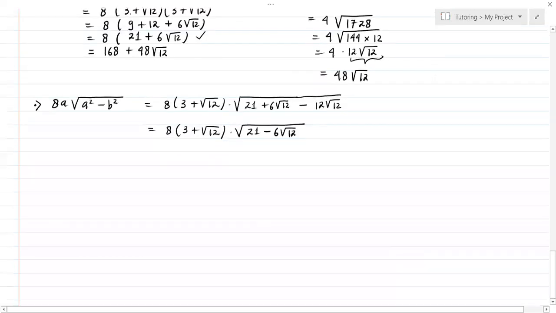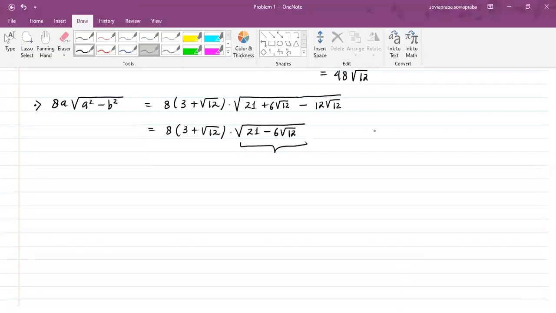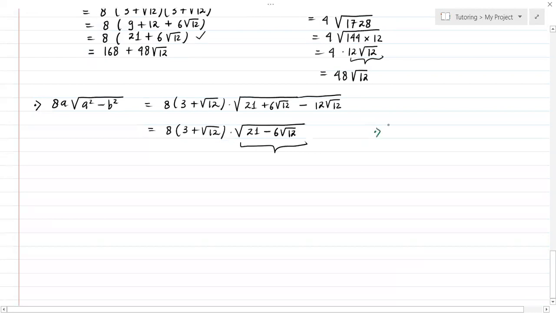To solve this part, we must remember the formula: the square root of a plus b, minus 2 root of a times b, will be equal to root of a minus root of b, where the value of a must be greater than b.